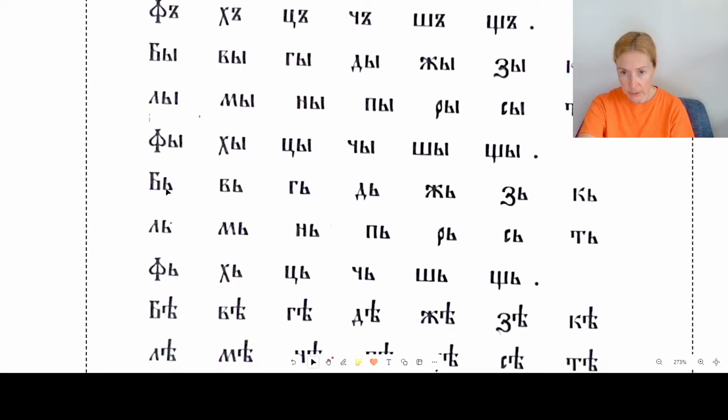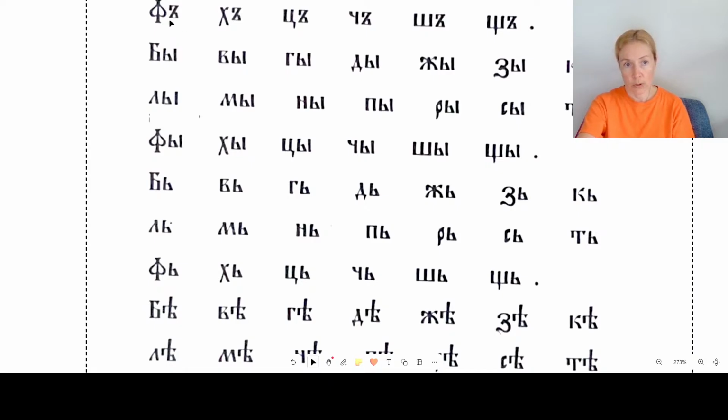After the Soviets made a reform of the alphabet, after the revolution, Yer got the name of soft mark, and this Yer got the name of hard mark.